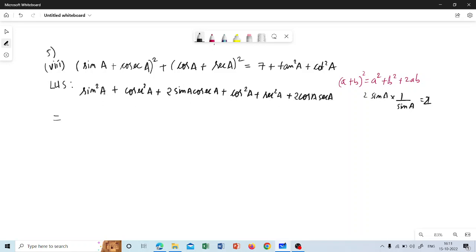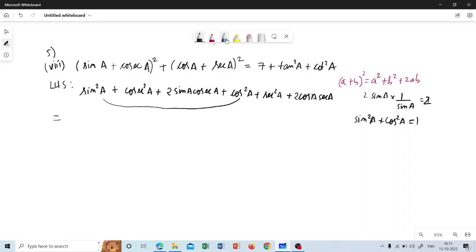And also using the identity sine square a plus cos square a is equal to 1, I can add these two terms and this is 1.